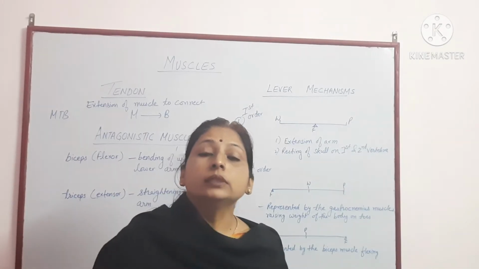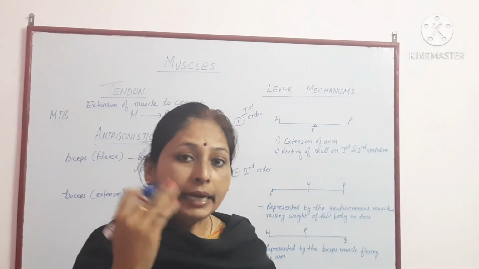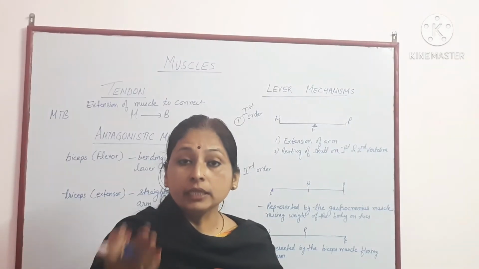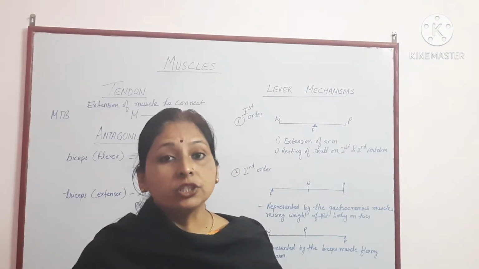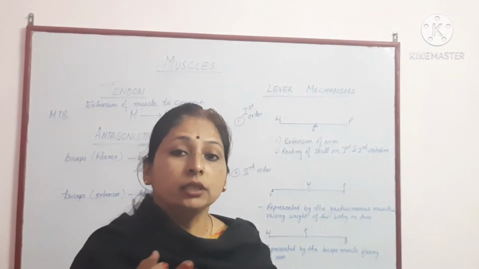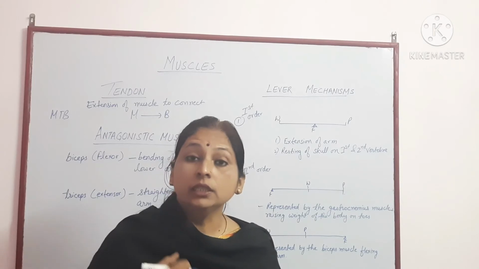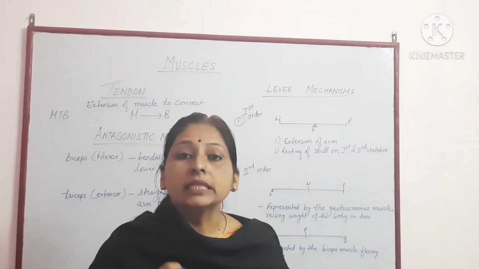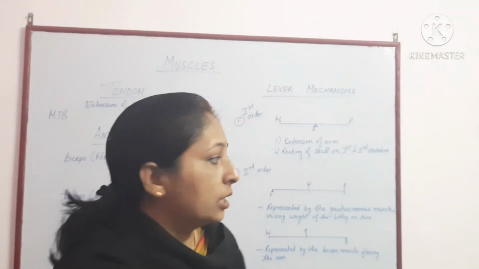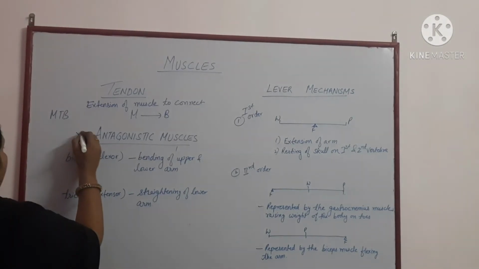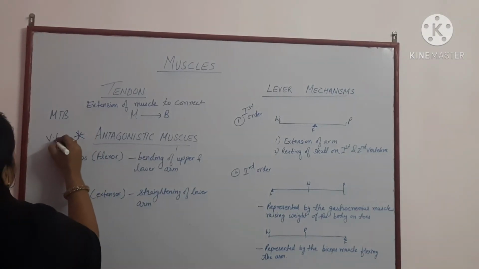One is for bending and another is for straightening. Since their action is opposite to each other, they are termed antagonistic muscles. Put the star mark here. This is a very important topic.